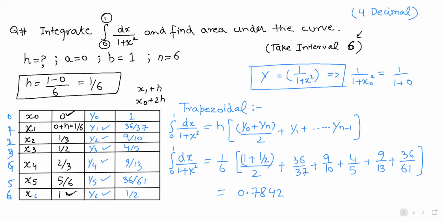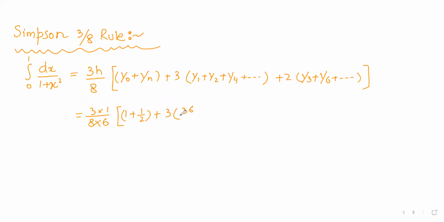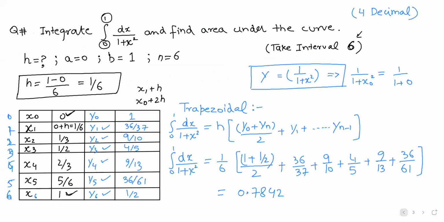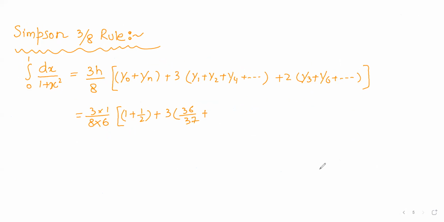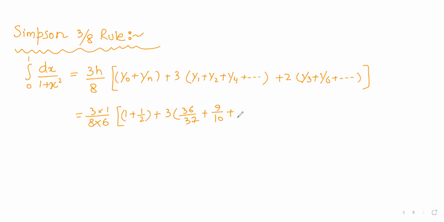Y1 is 36 by 37, plus y2 is equal to 9 by 10, plus y4. y4 is equal to 9 by 13, plus y5.